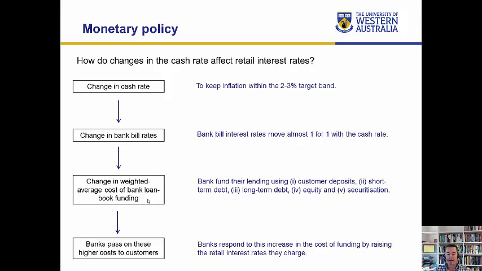What I mean by that will become clearer in a little while, but then when the weighted average cost of bank loan book funding, which is basically the weighted average cost to the banks of borrowing money to finance their lending, when that changes, they generally pass those higher costs, or the change in costs, onto their customers. So in this example, right at the bottom here, I've got banks pass on these higher costs to customers. I'm assuming that the change in cash rate was upwards.